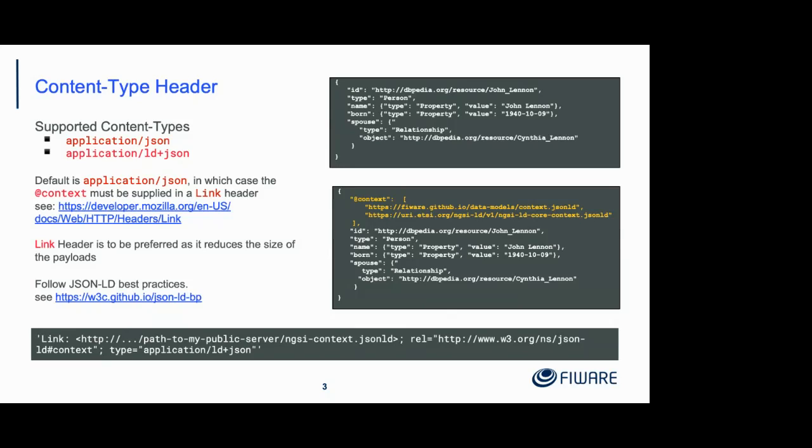Now, it is probably easier to use the link header for multiple reasons. Firstly, when I am retrieving the data, I can have a link header with multiple elements in it. But I can't do that if I have just provided the data using LD plus JSON.